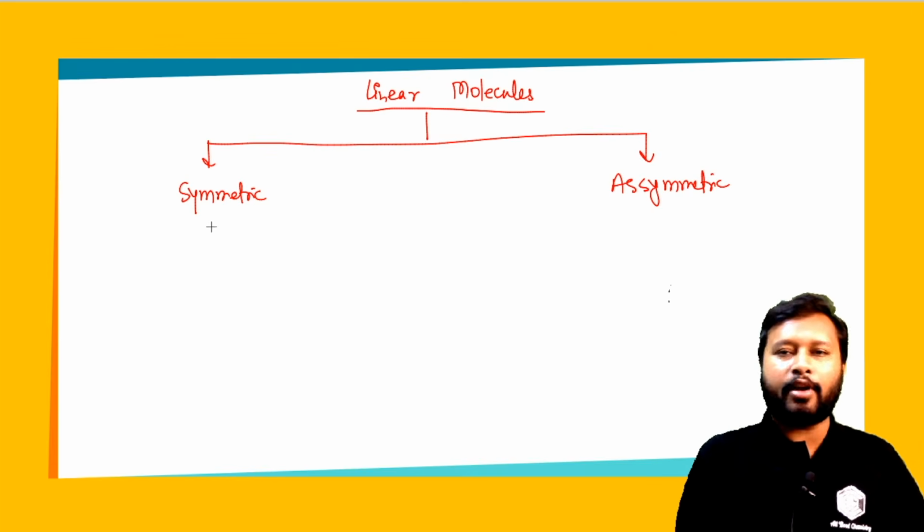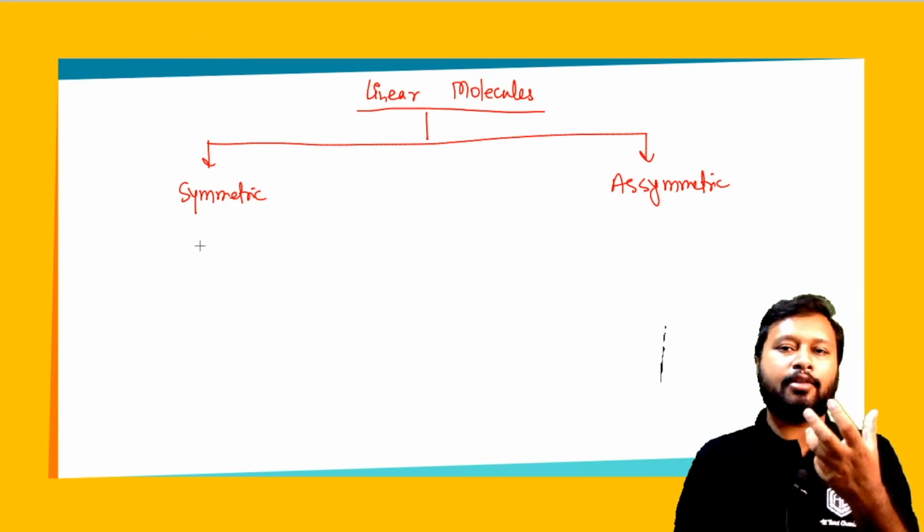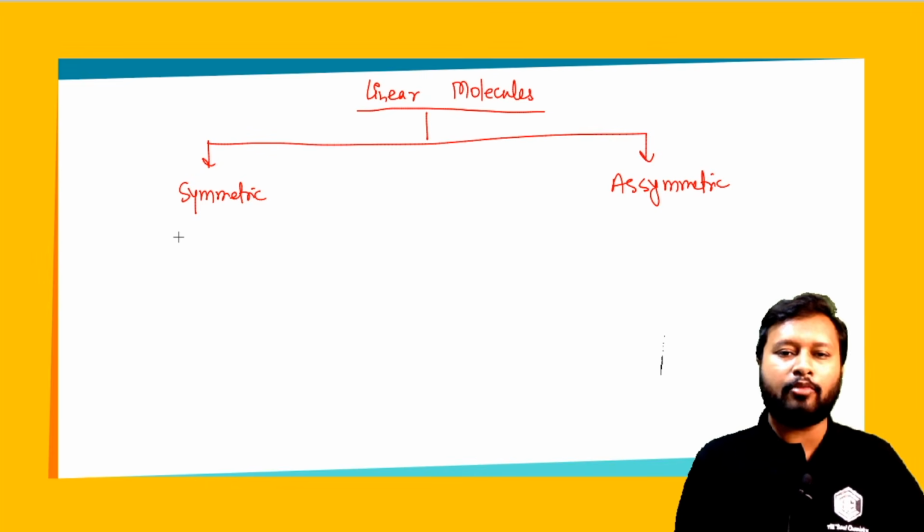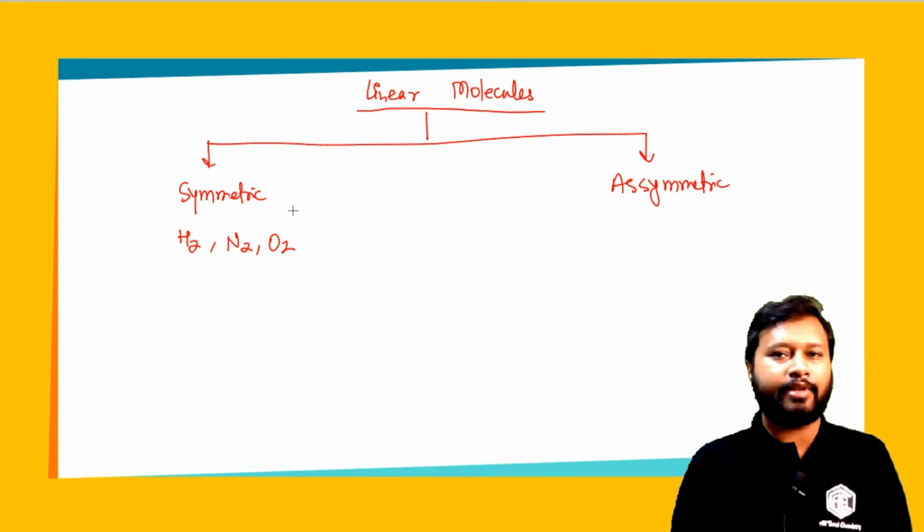Symmetric molecules, for example, are any homonuclear diatomic molecule like H2, N2, O2. All are examples of symmetric molecules.